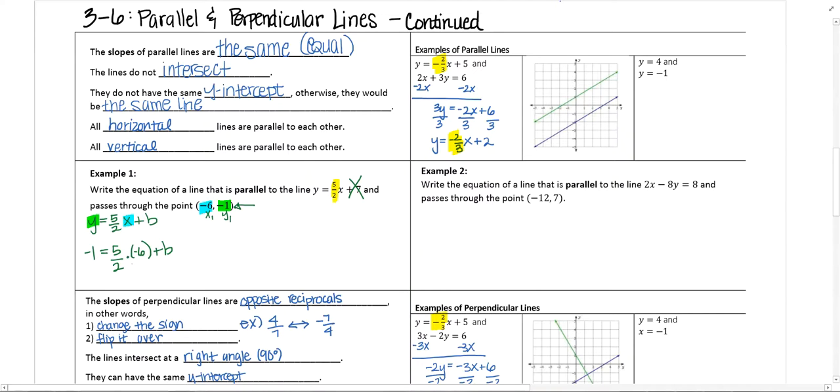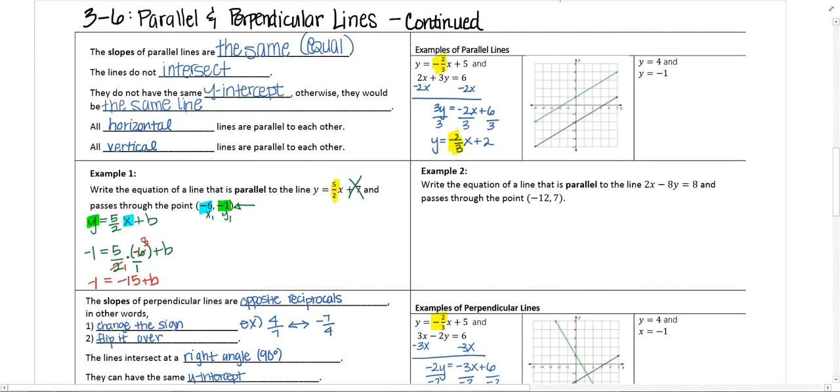Don't be afraid of the fraction. Put the whole number over 1, and let's see if we can cross cancel. Does 2 go into 6? Yes, it does. 2 goes into 2 once, 2 goes into 6 3 times. So don't forget the negative though. So this is 5 times -3, which is -15, plus b equals -1.